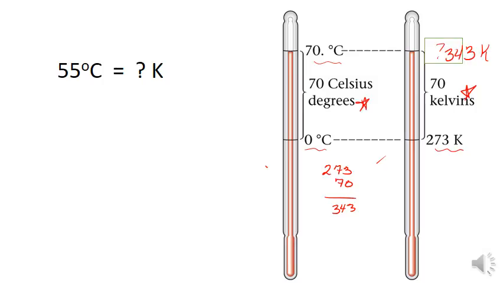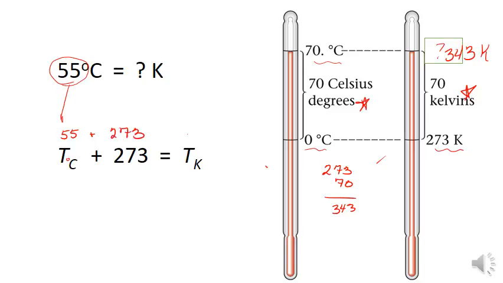Let's look at this other problem. 55 degrees Celsius equals how many Kelvin? Well, there's your formula. Temperature in degrees Celsius plus 273. So I'm going to substitute this 55 in for the temperature. So 55 plus 273, and that's going to equal, now I'm really hoping you actually picked up your calculator and you gave it a try, but 328 Kelvin.